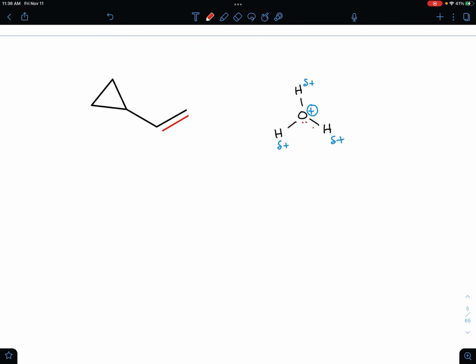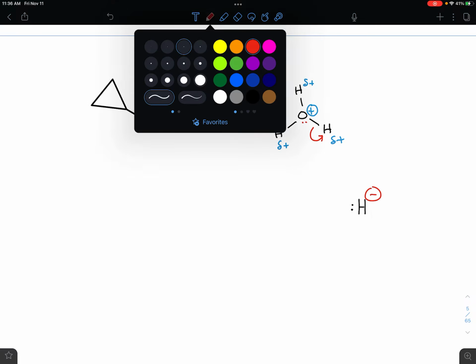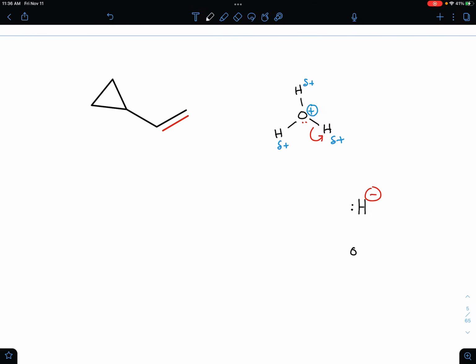And hydrogen is a terrible leaving group, because if hydrogen tries to take the electrons holding it onto the molecule and leave, it becomes what's called a hydride, which is a hydrogen with a lone pair and a full negative charge. And because hydrogen is so small, that negative charge is stuffed into such a small space, it's extremely unstable. Right?